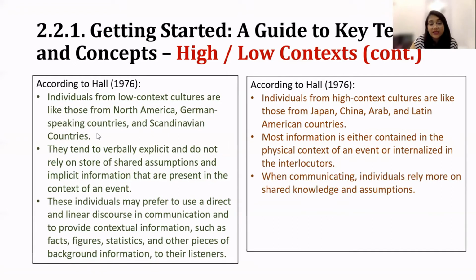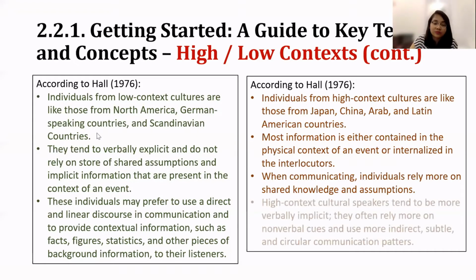When communicating, individuals rely more on shared knowledge and assumptions, while individuals from low context cultures do not. High context cultural speakers tend to be more verbally implicit. They often rely more on nonverbal cues and use more indirect, subtle, and circular communication patterns. So, circular.